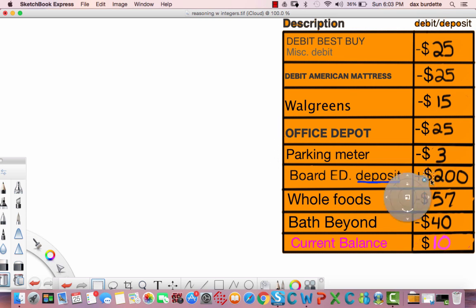So this is being added to the account instead of debited from it. We're going to assume once again that this is a partial statement, and the pink indicates the current balance of what I have left in my account after a deposit of $200 and all these transactions.